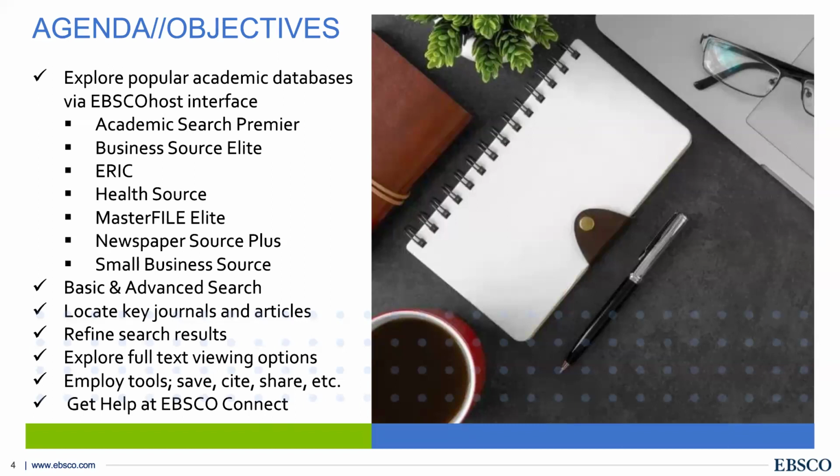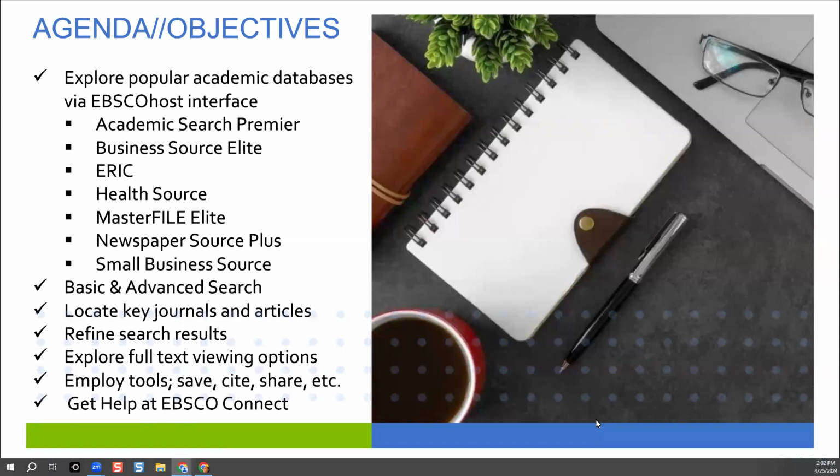We'll explore all the full text viewing options and employ those great tools that we have built into our interface. We'll also conduct subject search and thesaurus search, and we'll show you where you can get additional information regarding these resources at our support site, which is EBSCO Connect, and that URL is connect.ebsco.com.